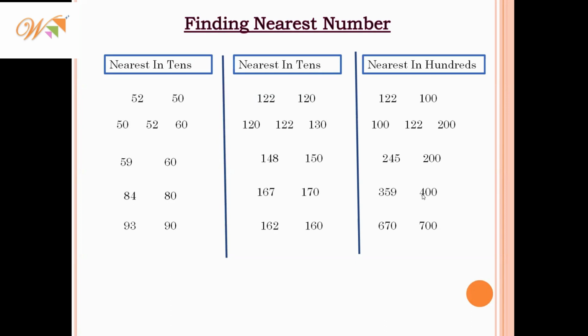Whereas if we take 670, again 670 lies between 600 and 700, and 670 is more near to 700. Now, being elders, it was easy for us to see if it's near 600 or 700. But for kids, it might be difficult to think if 670 lies between 600 and 700, or is it between something else?